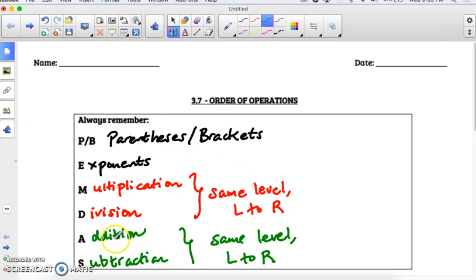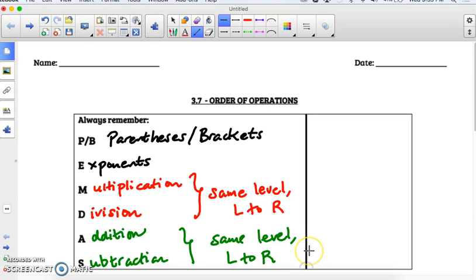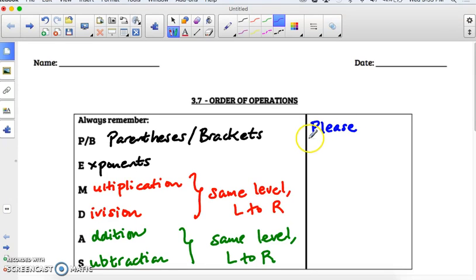Now, memorize this because you'll encounter this basically for the rest of your math life. And off to the side, I'm going to use a ruler and divide this further, because one helpful way to remember this is, and I'll use a different color, please excuse my dear Aunt Sally.